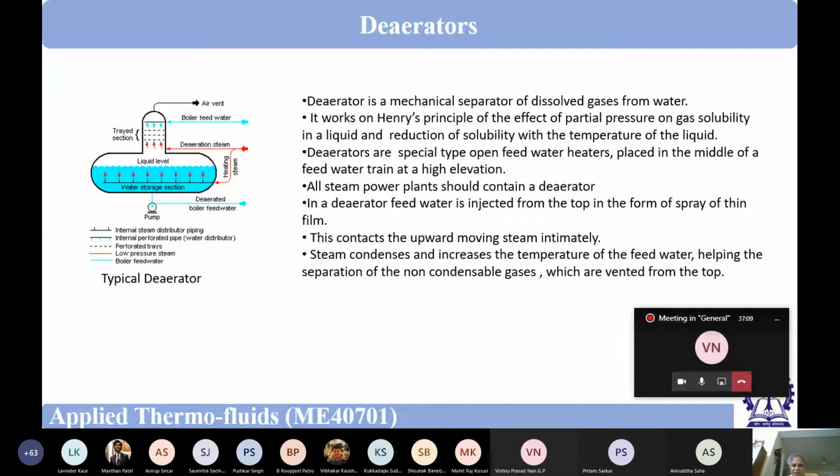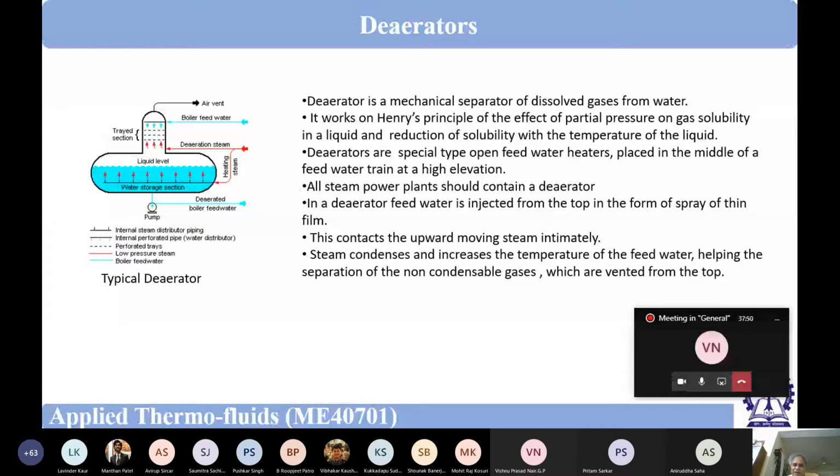We will have the temperature of the liquid high, and the top of the liquid should have a free surface. So it should not be within a tube. Liquid should not pass through a tube. Liquid should have some sort of free surface, and on the free surface we should have less partial pressure of the permanent gas or non-condensable gas.